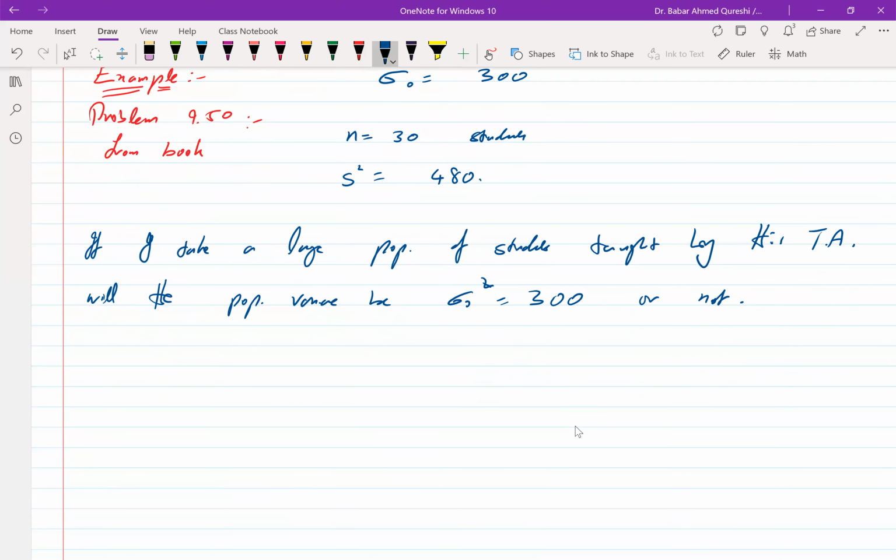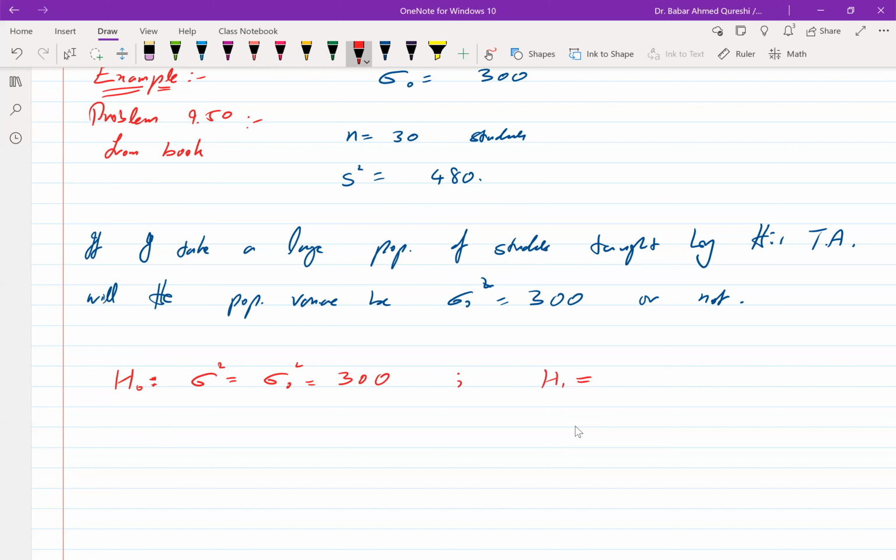Now we can devise two different kinds of alternate hypotheses depending on what we want to test. So suppose the null hypothesis is that sigma is exactly equal to this, that the students taught by this TA will be no different from what historically has been happening, that their variance is 300.